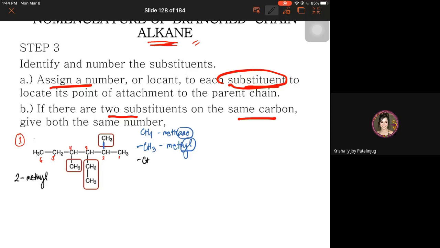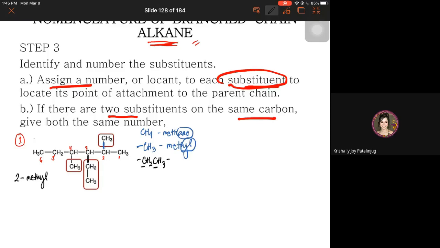Then on the third carbon, meron kang, ano yung CH2, CH3? Ano yung CH2, CH3? 2 carbon chain, di ba? From ethane, minus 1 hydrogen, that becomes ethyl. So yan yung ethyl, CH2, CH3. Di ba? Ito yung point of branching kasi nag-remove ka dyan ng isang hydrogen.